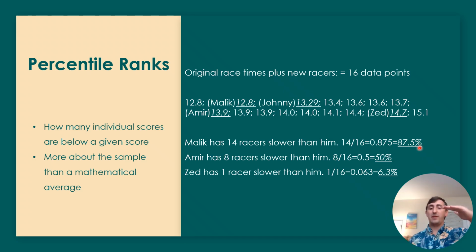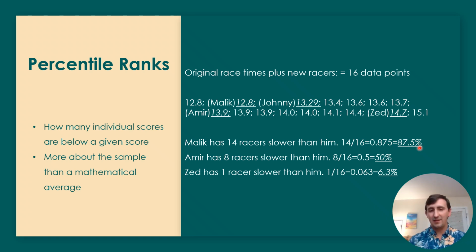That means 12.5% are faster than Malik. Malik beat 87.5% of racers, and that means 12.5% of racers are faster than Malik at the top end. And you can do that reversing of percentages for any percentile rank, right?